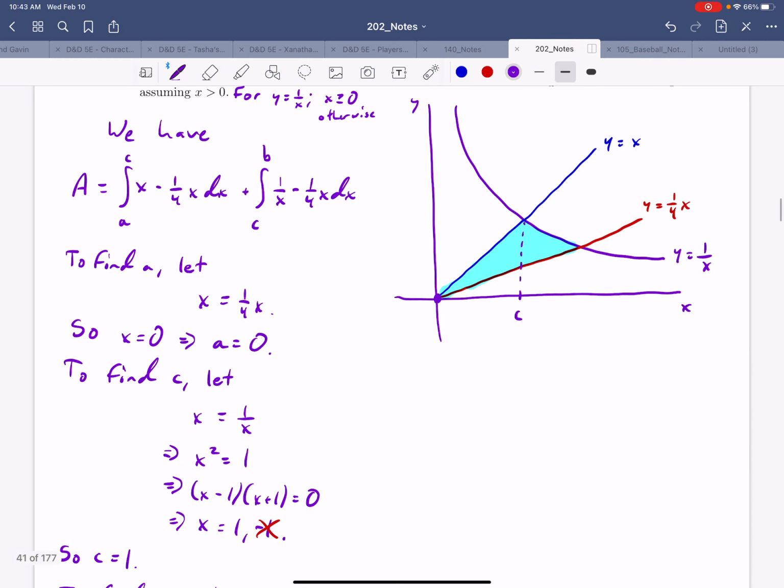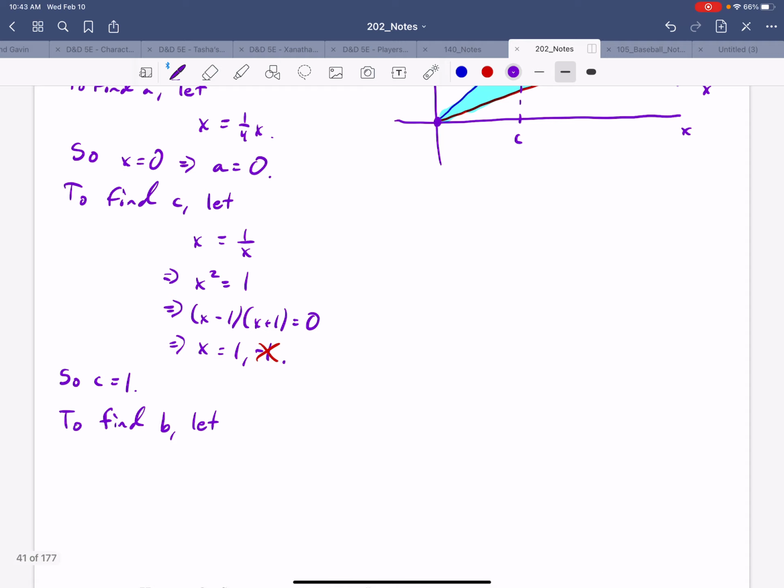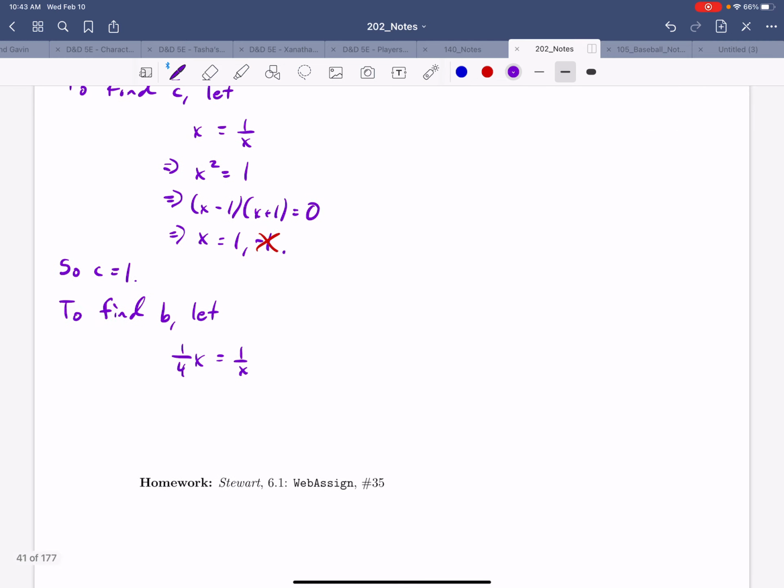And, of course, to find b, we do the same thing. Looks like we're going to let 1/4 x equal 1 over x. All right, and some similar trickery here. 1/4 x squared equals 1. I think we can see we're going to get 1/2 x minus 1, 1/2 x plus 1 equals 0.